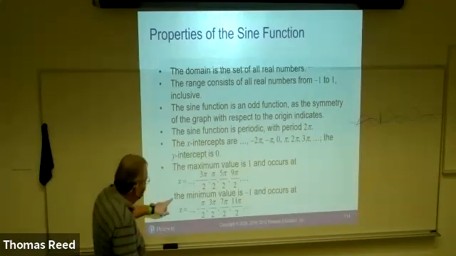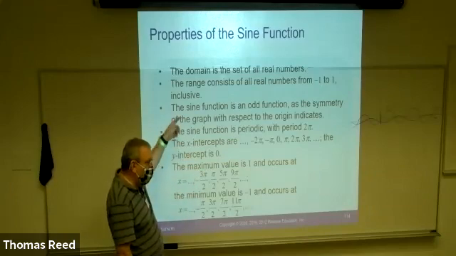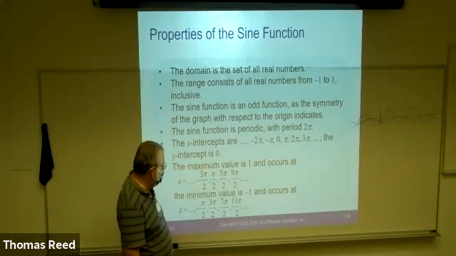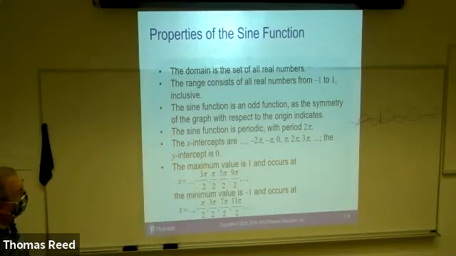Because at the odd multiples of pi over 2, it's either going to be -1 or +1. So you just have to figure out where you're starting. And when I have you graph these things, I want at least 1.5 periods. So you figure out what the period is, and then you figure out 1.5 periods. And those are the key values you're going to look for to graph.